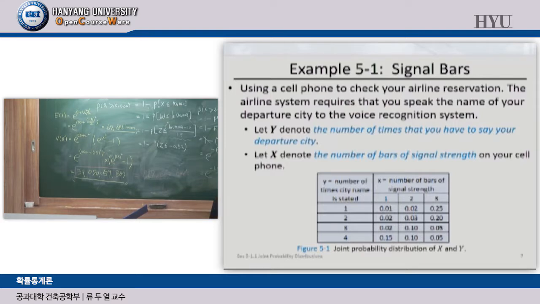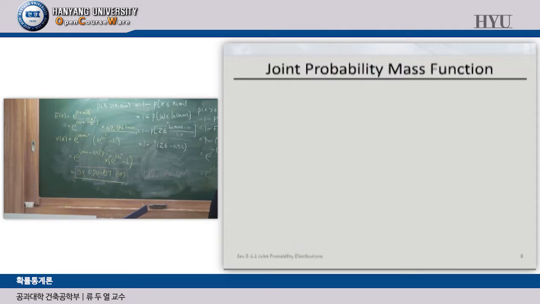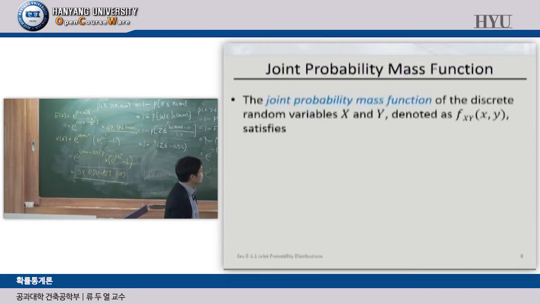And in this case, these values are the joint probabilities, okay? And if you add all these values, the total is 1, okay? And this is the joint probability mass function, because chapter 5-1 is considering the discrete random variable. So this is the joint probability mass function, okay?